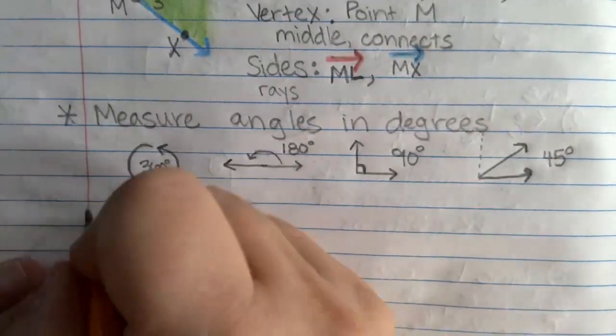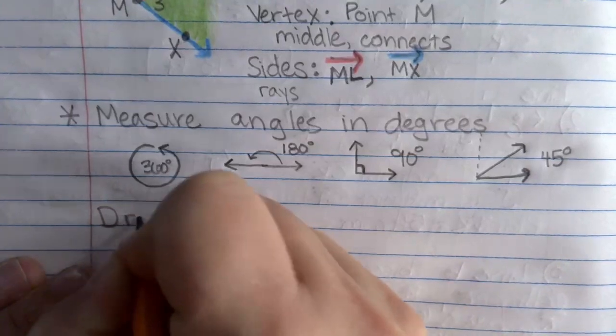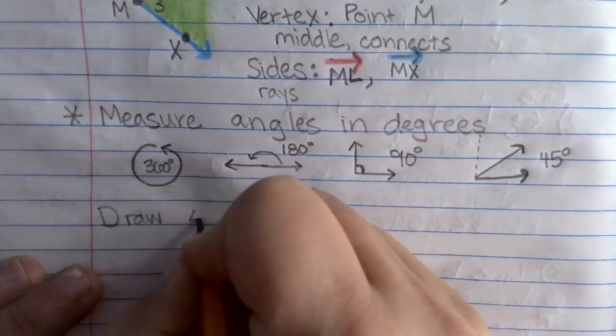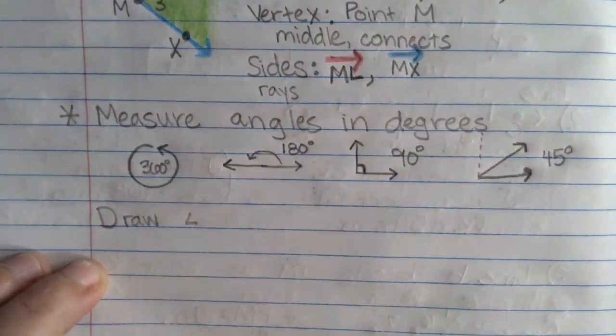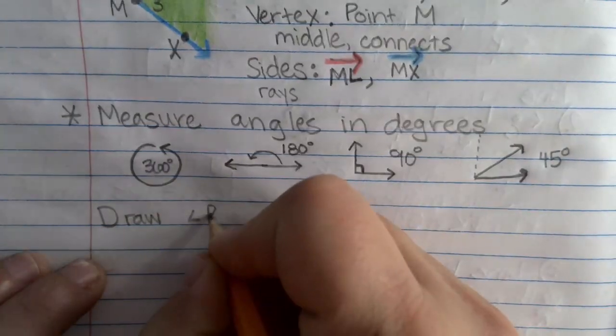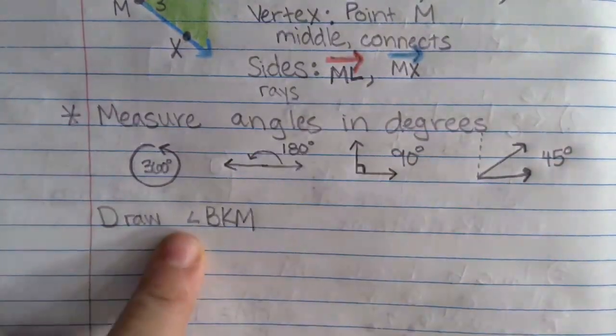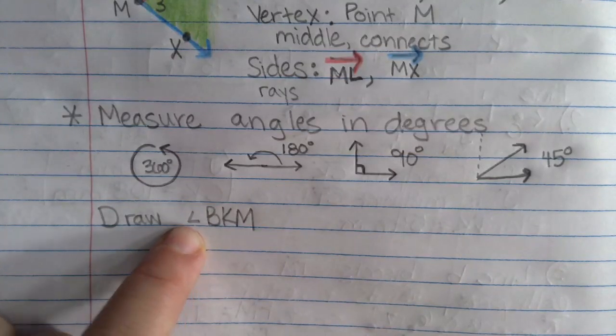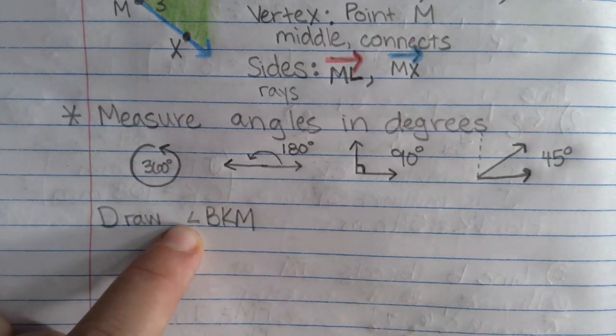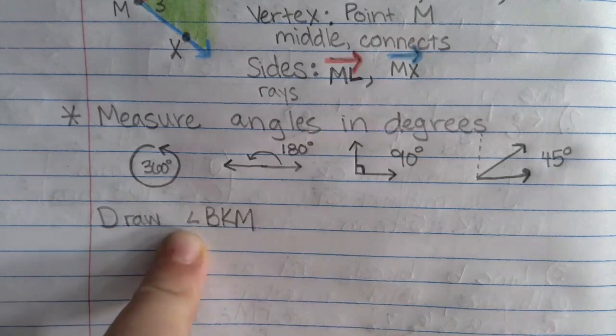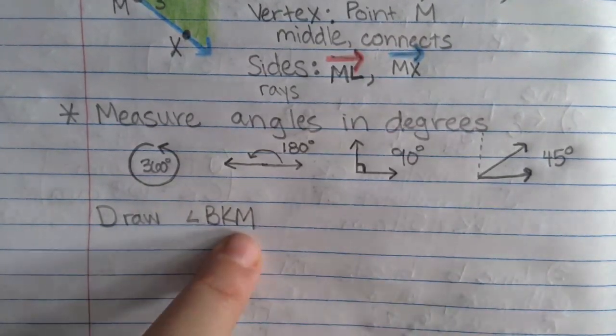All right, we're going to draw angle BKM. Remember, for angles, we use that little angle sign, just like a little L almost. A little closed. We use an acute angle there. BKM.